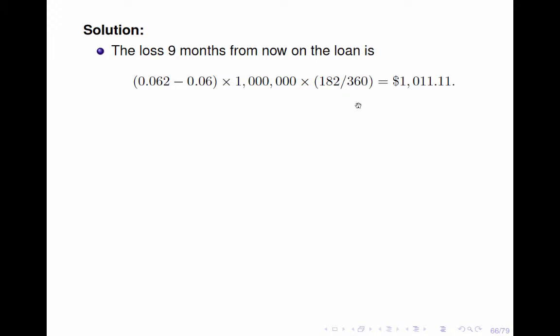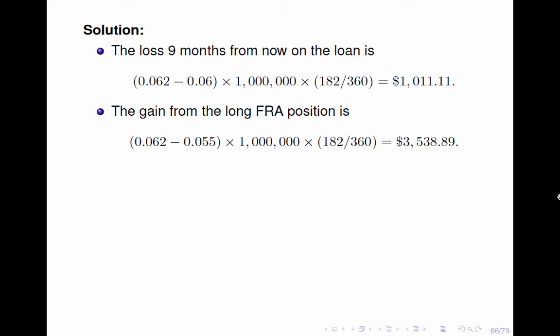Since the bank offers its client a fixed rate of 6%, and the actual 6-month LIBOR 3 months later turns out to be 6.2%, the bank has a loss of 0.2% on this $1 million loan, which equals $1,011.11 for a period of 182 days. On the other hand, the bank also holds a long position of a forward rate agreement with the fixed rate at 5.5%, therefore, from which it has a gain of 0.7%.